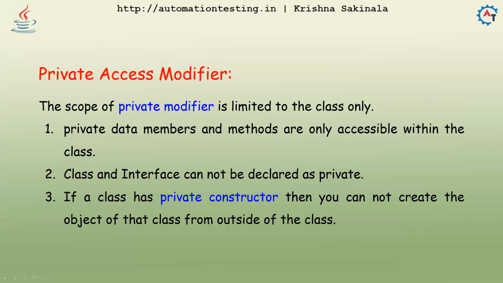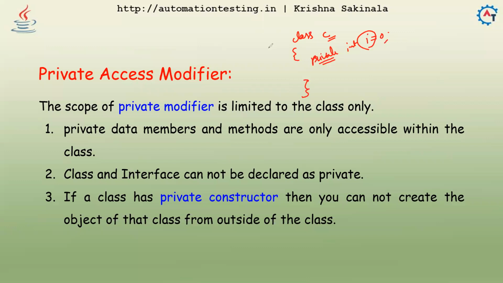If we discuss these things, you have a class C. Inside this, if you say private int i = 0, then this i can be accessed only inside this class, but not outside this class.